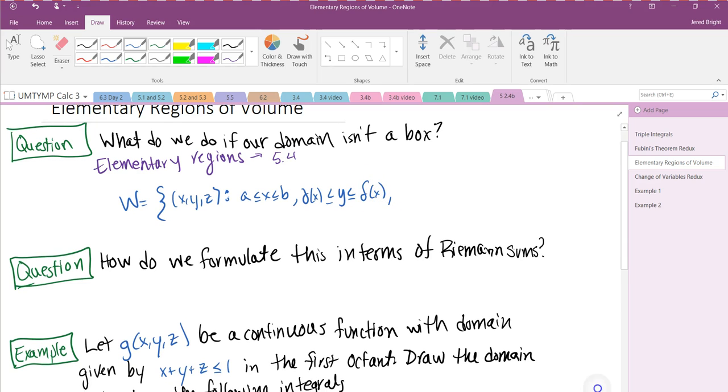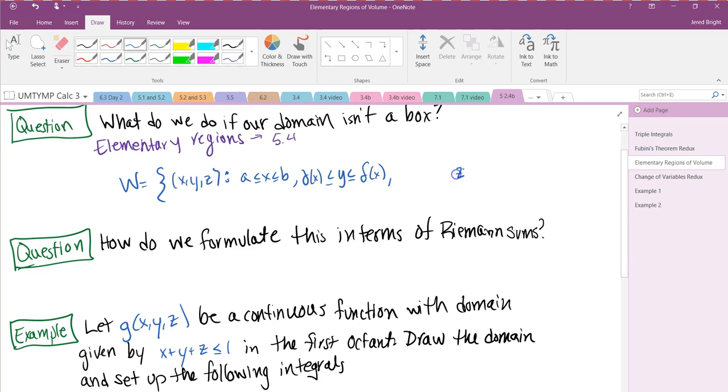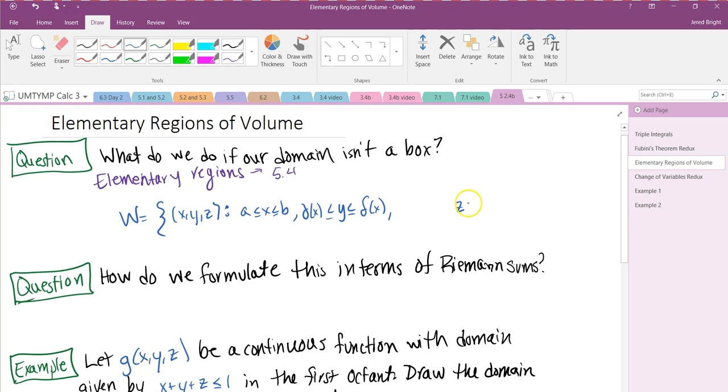And then Z is going to be bounded between two functions of X and Y, so perhaps phi of XY and psi of XY. And so this is, again, one type of elementary region. I think, in fact, there's 6 different types, so we could do type 1 through 6, but let's not do it. There we go.